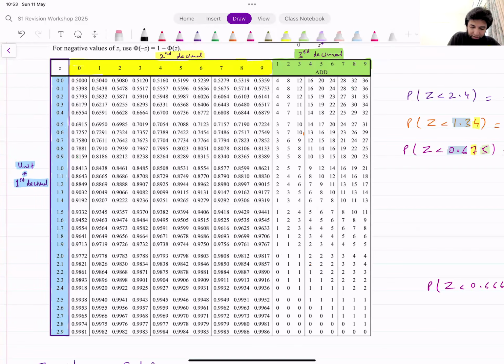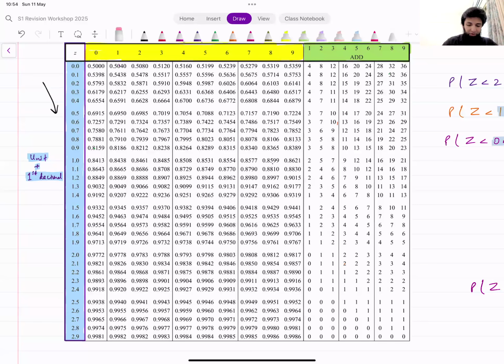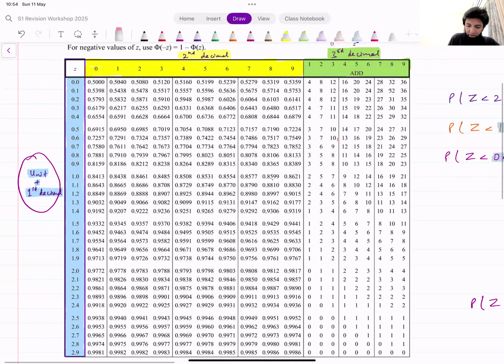The blue column that you see represents the unit place and the first decimal place for the Z value, 0.0, 0.1, and so on. This yellow part on top represents the second decimal place, and the green part here represents the third decimal place.